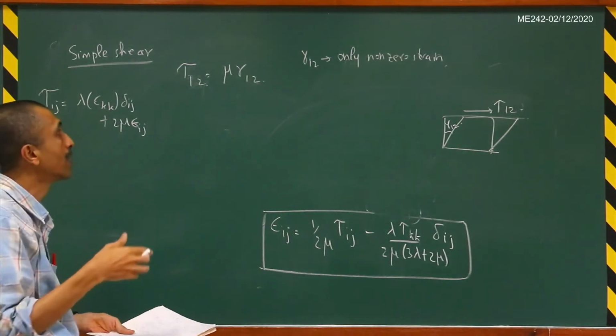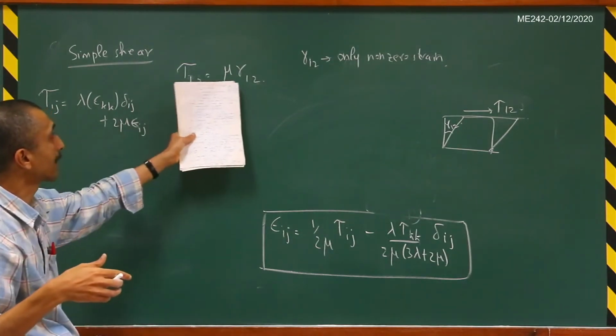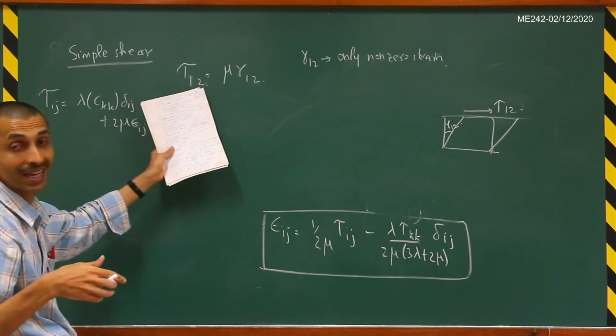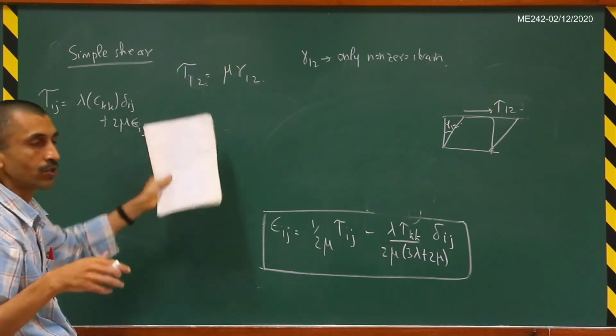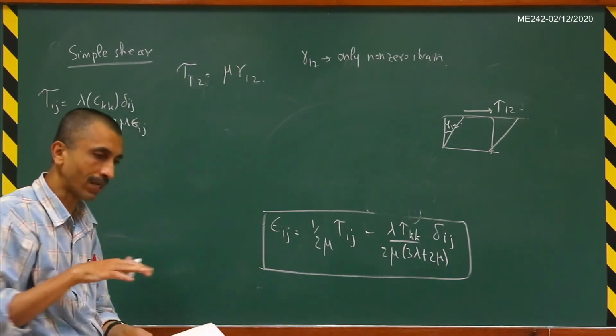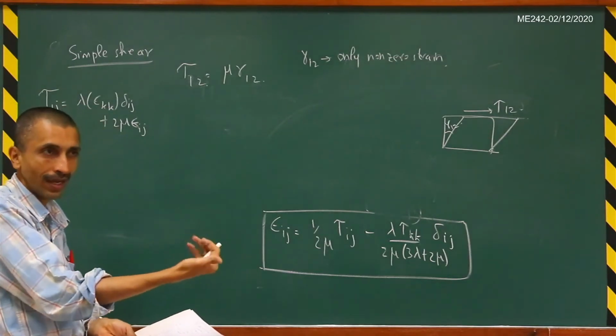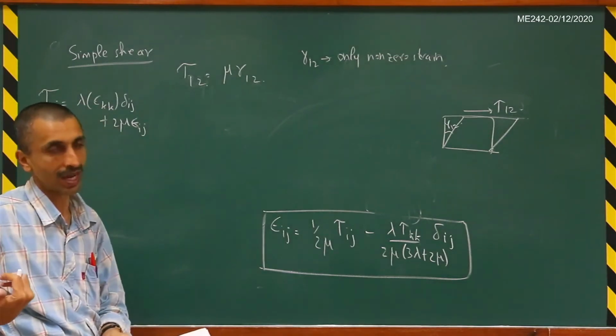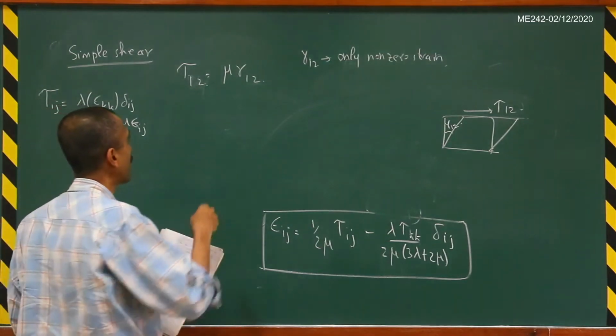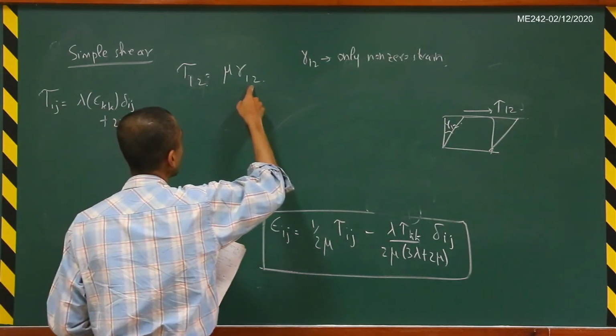And so we expect that this gamma 1, 2 is in the same direction as this tau 1, 2. It will not happen that we are applying a shear in this direction and the block actually moves in the reverse direction, right? So physically, we expect that tau 1, 2 and gamma 1, 2 are both positive.